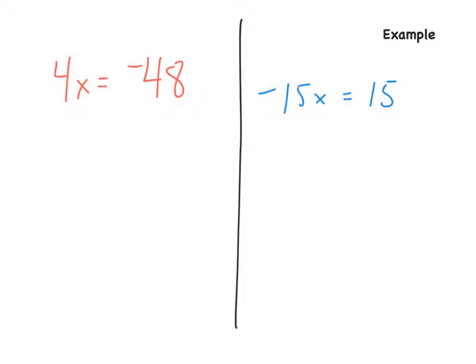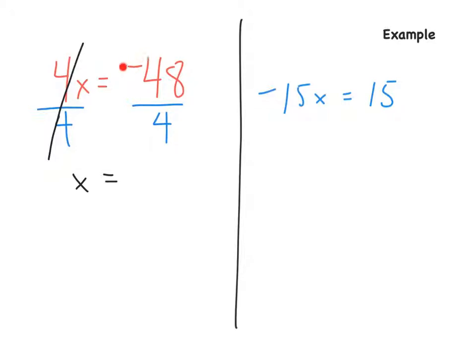Alright, if we have the first one, if we have 4x is equal to negative 48, this is 4 times x. Divide by 4 on the left side, divide by 4 on the right side. These will cancel out. All you have left on the left side is x. And on the right side, what is negative 48 divided by 4?